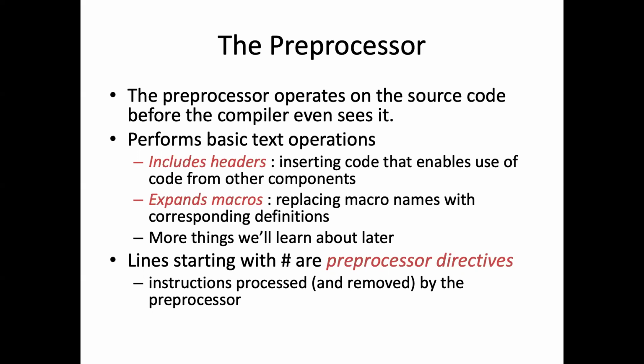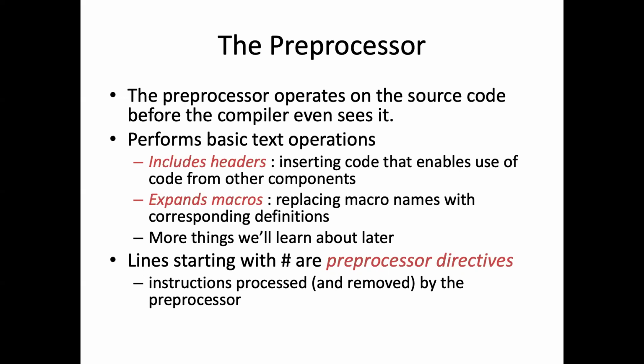The next thing we're going to do with the preprocessor is use it for defining simple macros. This will be our way of doing named constants, at least for now. And later we'll see some other things we can do with the preprocessor. But whenever you see a line of code in C that starts with a # and everything on that line all the way to the end of that line, that's really a message for this earliest stage of compilation, the preprocessor.